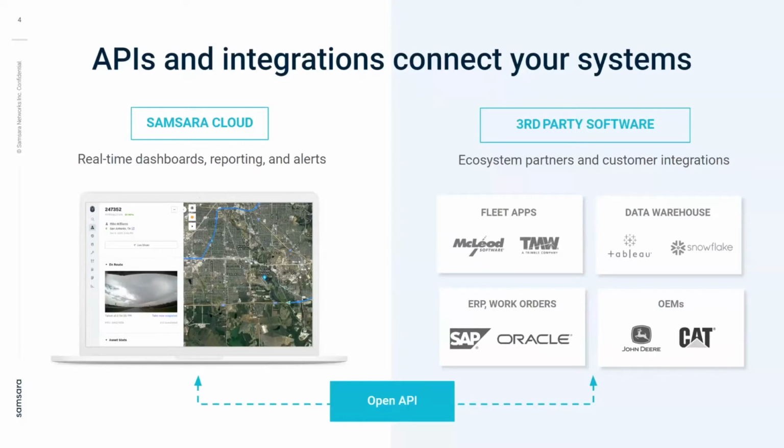And again, with consolidation of all of that within the Samsara platform, across vehicles, across assets, across safety teams and fleet teams, and beyond, all of that can be analyzed in one shared space and viewed and really understood from a trend standpoint to make sure that you can make those actionable decisions.